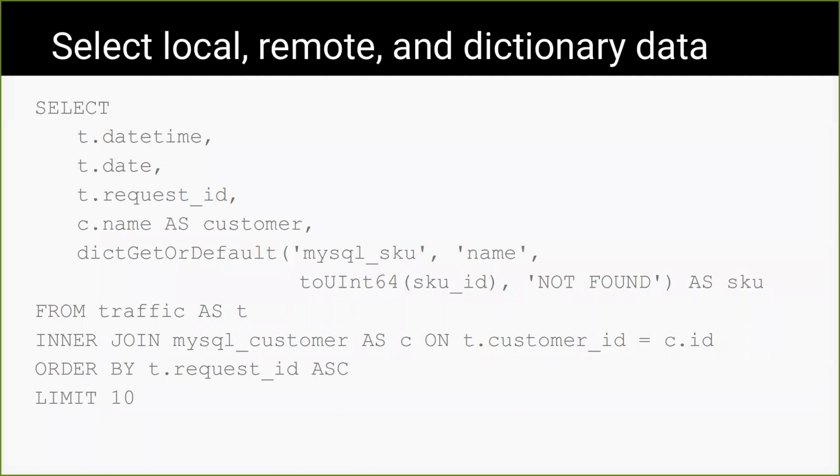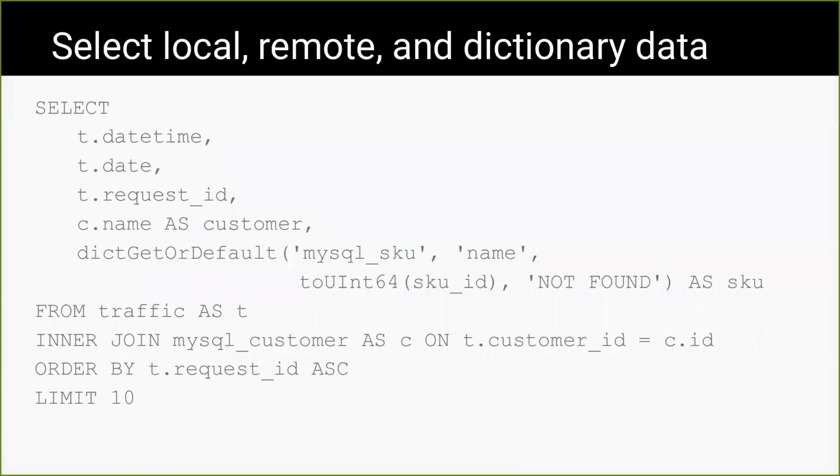And here's an example of that original query that I started out with, where we're doing joins on 3 tables using a subquery in ClickHouse. I've now adapted it so that I'm reading from the base table. I'm joining on the customer table, which was defined as MySQL customer. And finally, I'm using the dictionary to look up dictionary values from the 3rd table containing SKUs.